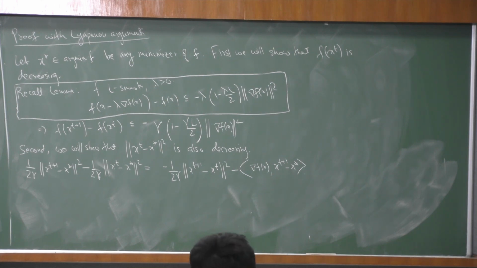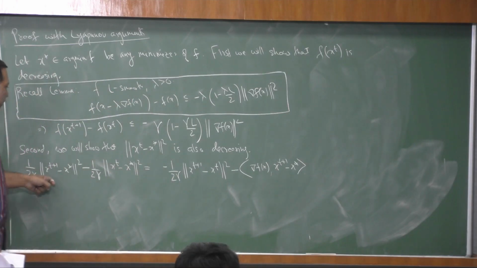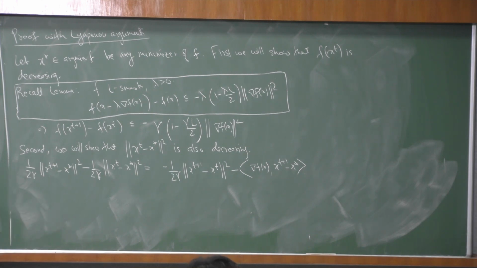And this 1 by gamma term somehow will be used to get the other terms. Or another way to say it is, I will start from here and I will produce this.